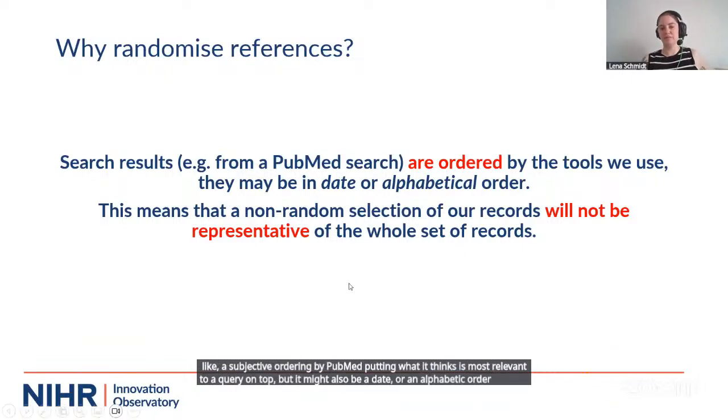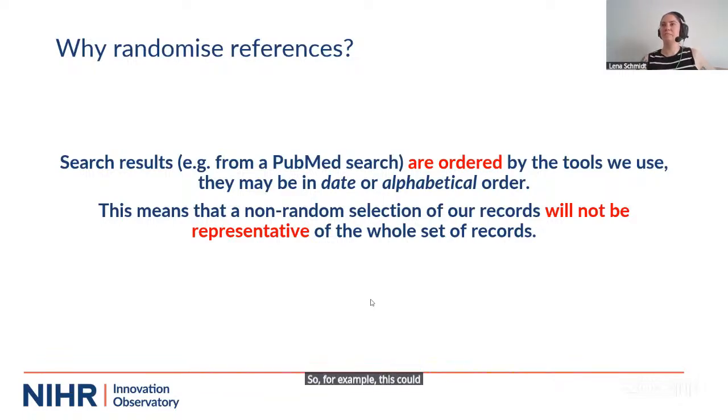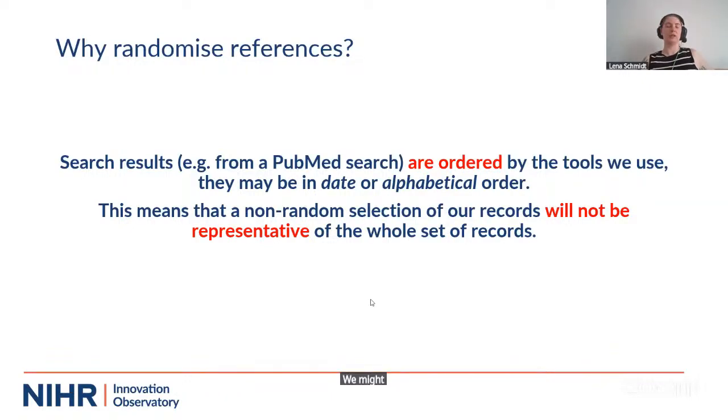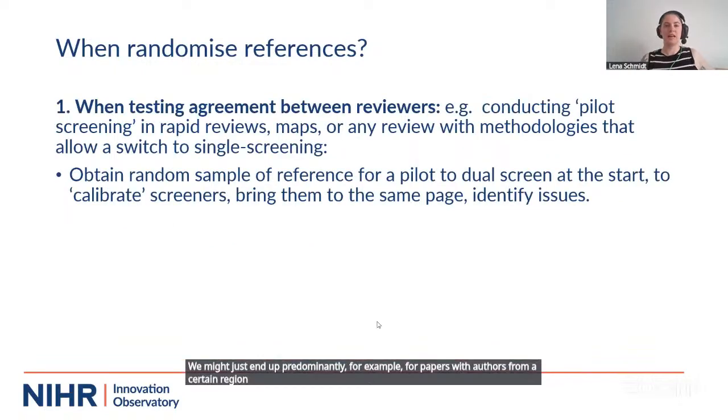That means that if we take a non-random selection of our records to explore a data set or to train an AI, our data set will not be representative of the whole set of records. For example, this could be when there are lots of authors whose name starts with L. And if we just take the first couple of records from a data set, we might end up predominantly with, for example, papers with authors from a certain region.